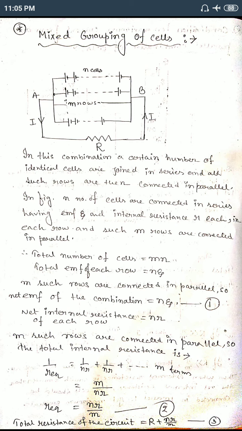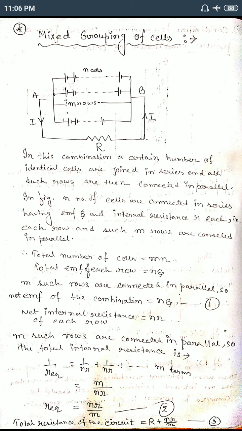Each row has nE total EMF. Now how many rows are there? M number of rows, and they are connected in parallel. And we know that when the cells are connected in parallel, they have 2 common points. So the EMF across each row is the same, that is nE. Now it is clear. So the total EMF of the circuit is nE.